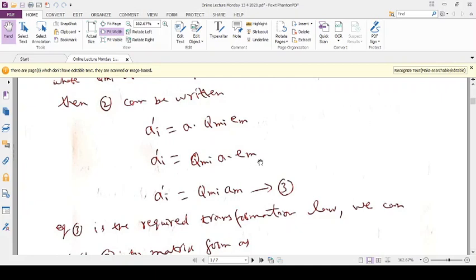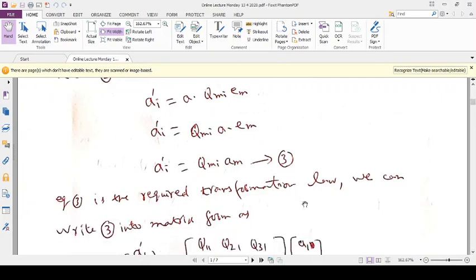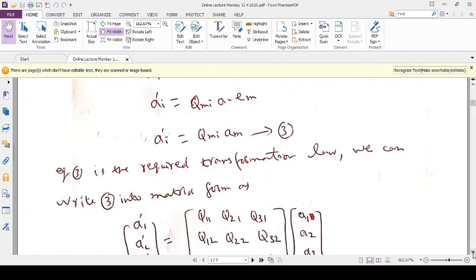So this A dot e_m is the mth component of vector A, which is equation number 3. This equation number 3 is basically the required transformation law. You can see that this is transforming components of vector A with respect to basis e_i to the components of vector A with respect to basis e_i dash.